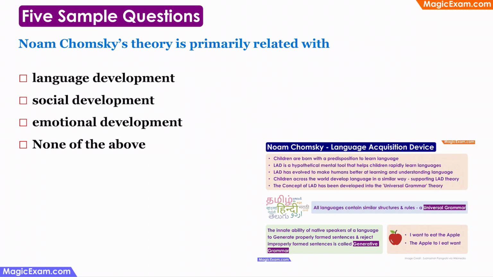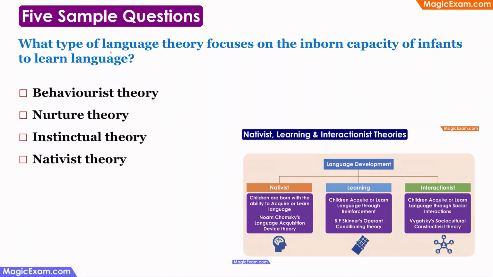Noam Chomsky's theory is primarily related with which of the following? Very simple question. We have seen in this video that Noam Chomsky's theory is about language acquisition device. Therefore, the answer here is language development. What type of language theory focuses on the inborn capacity of infants to learn language?